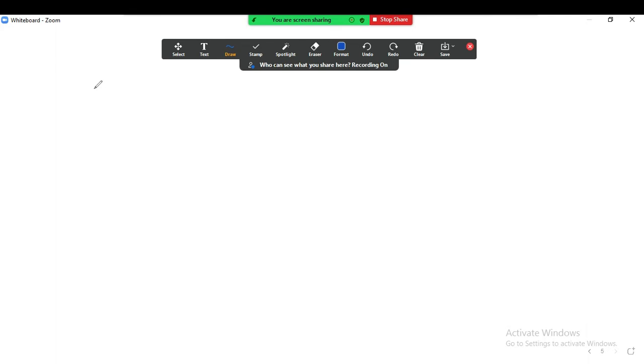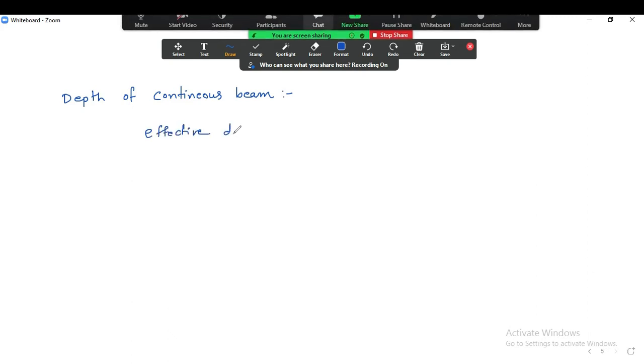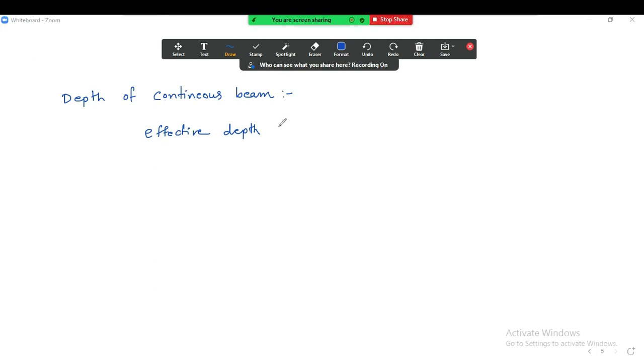Okay, so depth of continuous beam can be calculated as effective depth d is equal to span divided by 10.